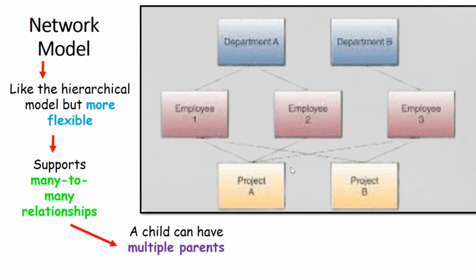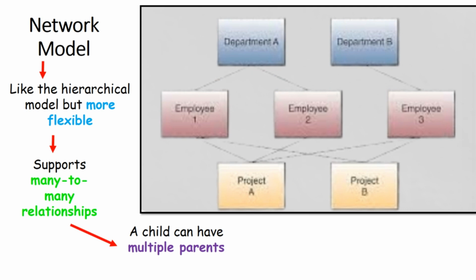Over here we can see that employee 1, employee 2 and employee 3 are parents, and project A and project B are the children. But we can also see that project A is linked to parent 1 and parent 2 as well as parent 3, and project B is also linked to parent 1 and parent 3. So this clearly shows that a child can have multiple parents.